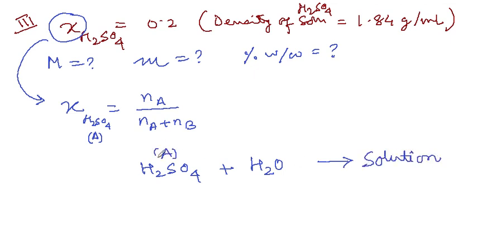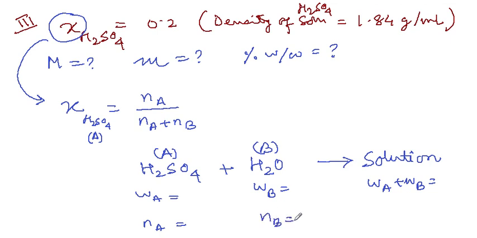Sulfuric acid is represented by A, solvent water by B. This is the weight of sulfuric acid, the weight of water. Every now and then when we come across such problems, it is always convenient to create this kind of chart or table, so that it is easier to put the values in the formula and get your answers directly.